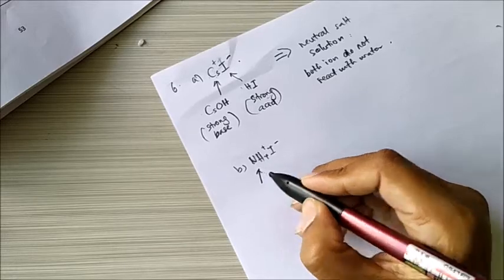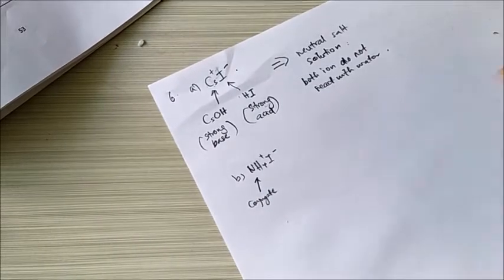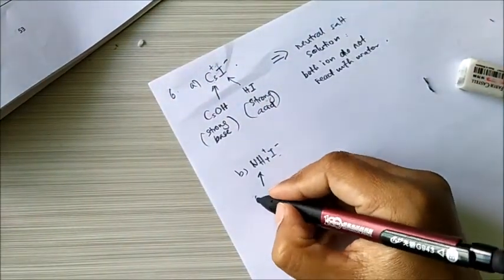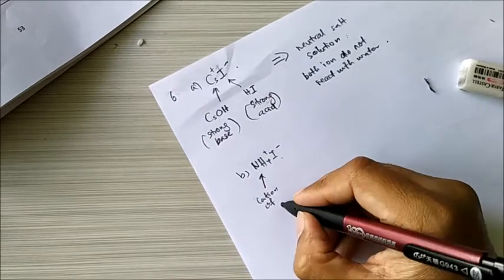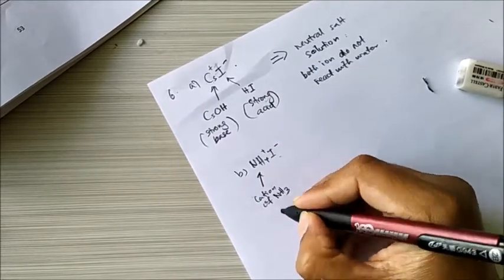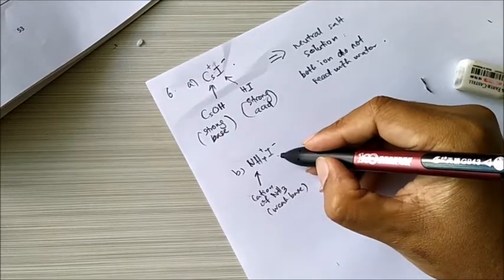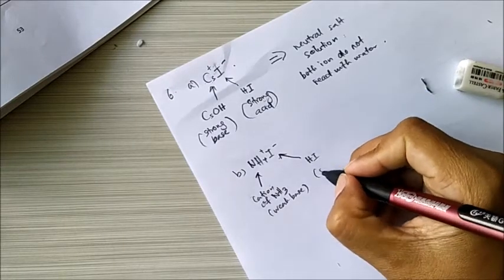Ammonium ion is a cation of ammonia, which is a weak base, whereas iodide is from HI, a strong acid.